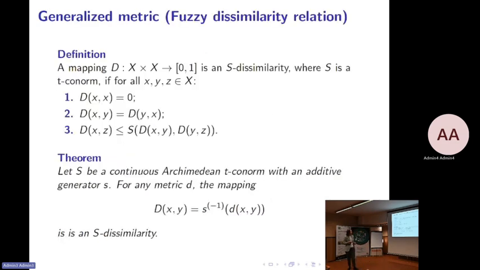So we would like first to propose, instead of the distance-like function, a generalized metric. In this case, I would say we take the common definition.